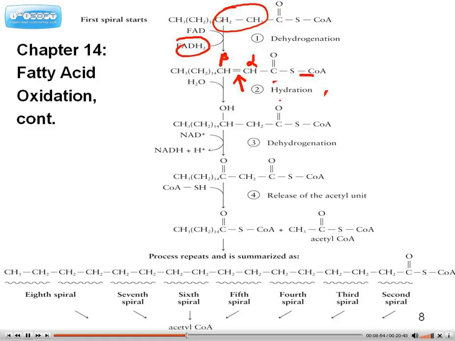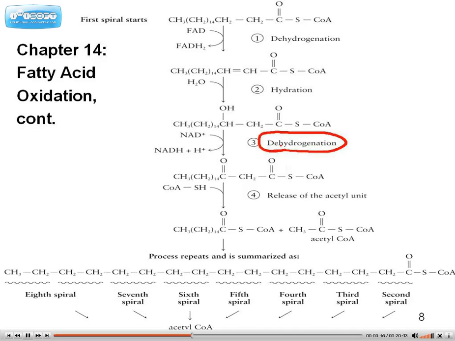We then have a hydration reaction, hydra for water. So the water is broken down, where the hydroxide goes on the beta carbon and the hydrogen goes on the alpha carbon. From here, we're going to take off 2 more hydrogens.